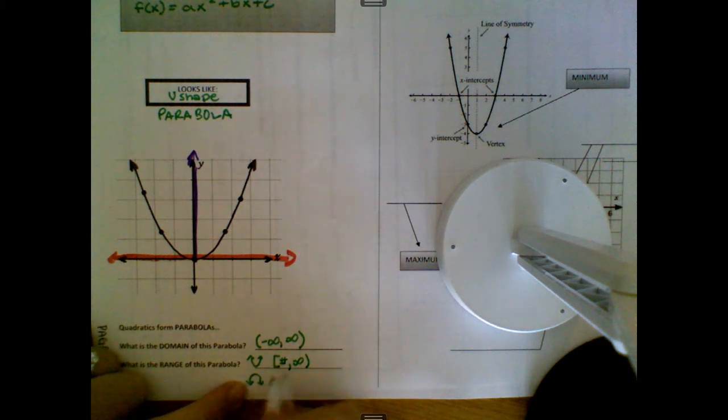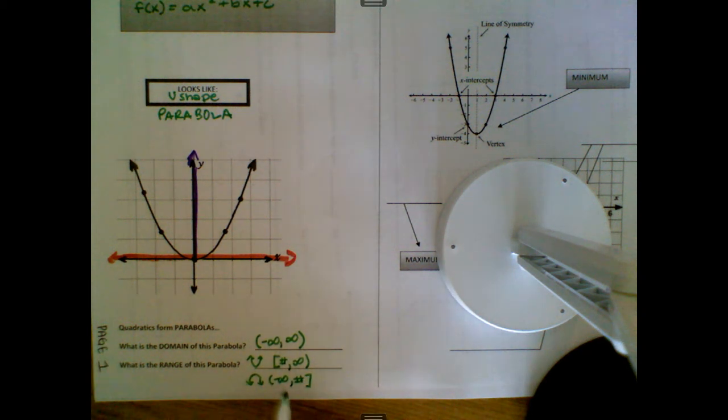Here, it starts at negative infinity and then stops at that number. So this is what domain and range for parabolas are going to look like. Obviously, we're going to insert the correct information depending on what parabola we are looking at for our range, but the domain is always all real numbers.